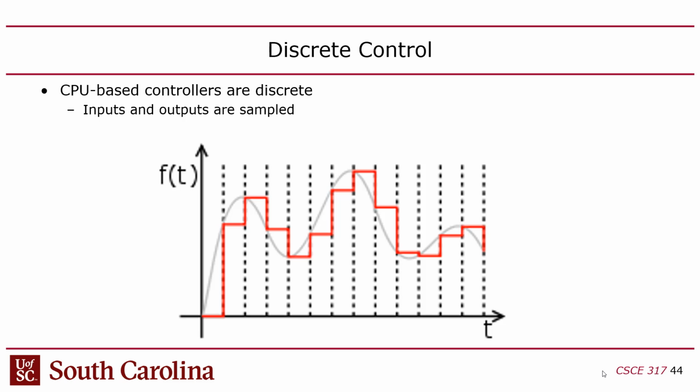And one way to conceptualize that is through the Z domain. And we talked about how to convert from S domain to Z domain through the Tustin transform, right? Everyone clear on that?